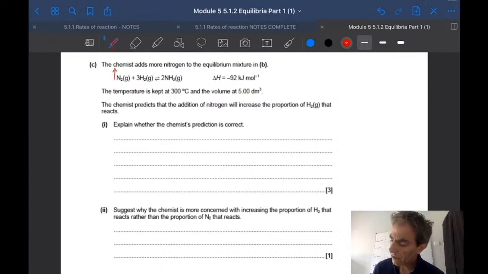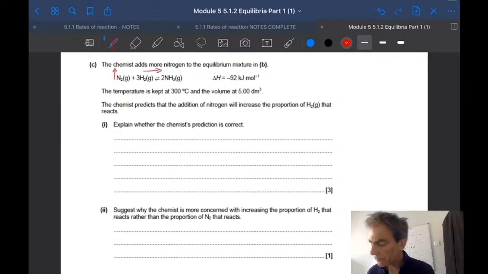So in other words, what that says is it's going to mean that that equilibrium is going to go to the right. Okay. Now, the mark scheme, even though the question didn't make it clear, the mark scheme wanted students to talk about Kc. How would Kc explain this shift in equilibrium?